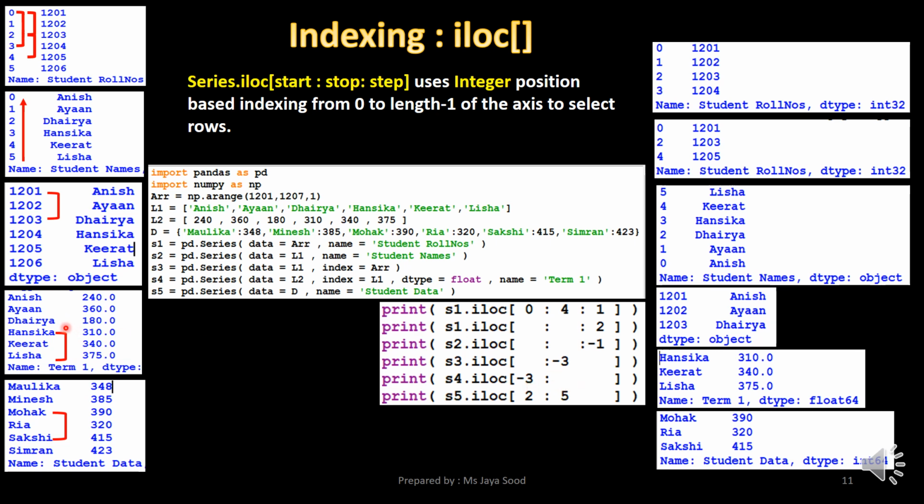So from the series S4, all the rows from the third last row onwards will be displayed in the output as shown here. The next command, print s5.iloc[2:5], will start the selection from the second row and will stop before the fifth row. So it will display the rows with indexes 2, 3 and 4 as shown here in the output.